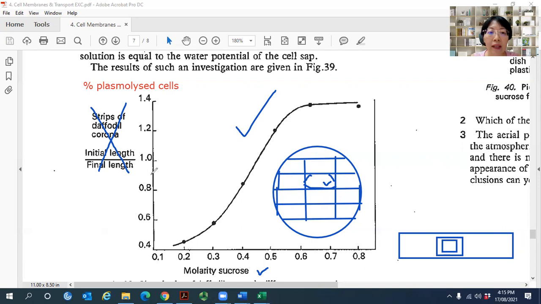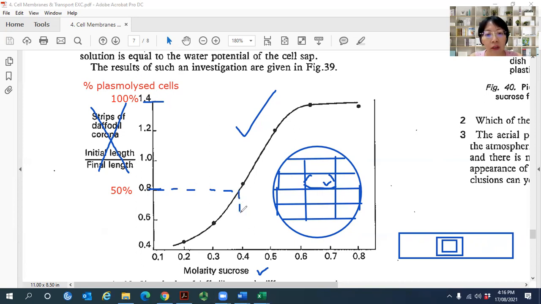Now this is percentage, right? Percentage means this must be 100%. And therefore half of it is 50%. So let's say this is 50% here. Which concentration will give 50% of cells plasmolysed?